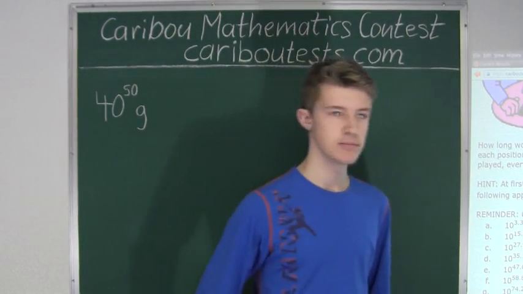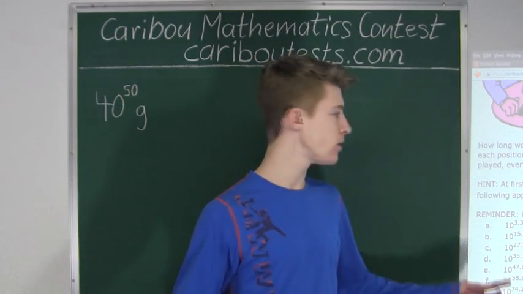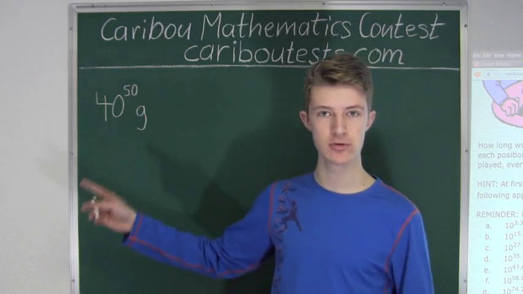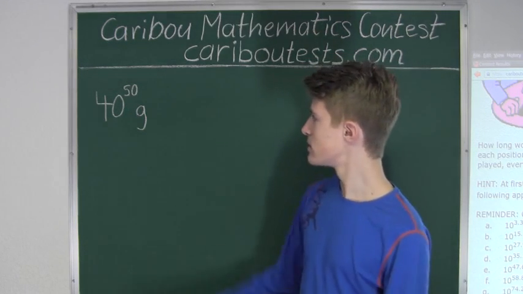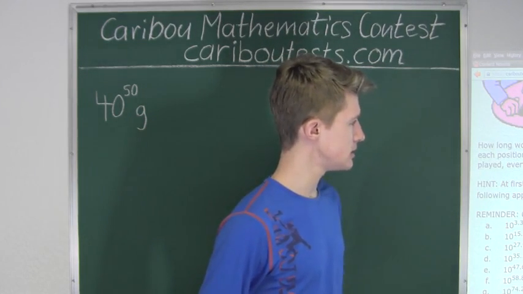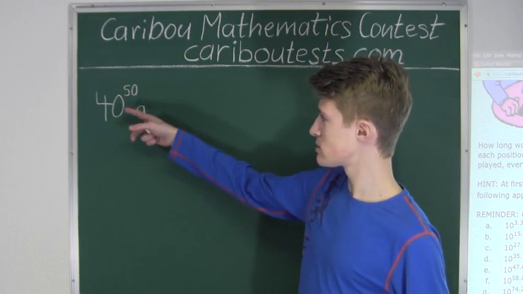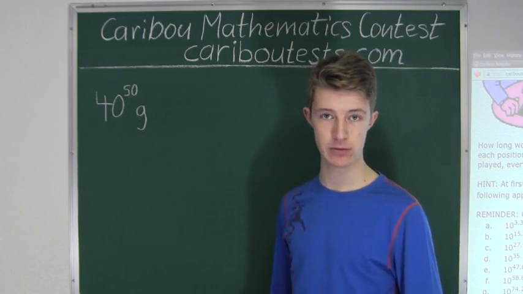Alright. Now, from the question, every second one move is played. That means we want this in terms of moves and not games. We know that each game lasts 50 moves, so for each of these 40 to the power of 50 games, each game lasts 50 moves.